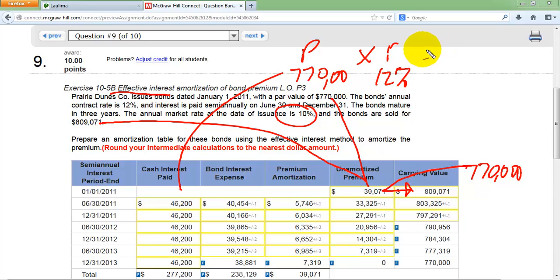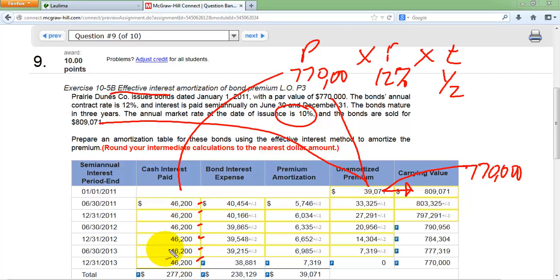But because we pay every 6 months, not every year, our time factor is half a year. So when you multiply this out, every 6 months we're going to pay out the bond holders $46,200. Okay, and that's for the first year, the second year, and then the third year. So here's the total cash we're paying.